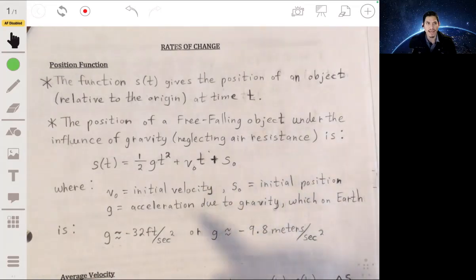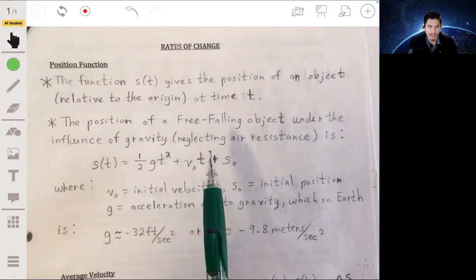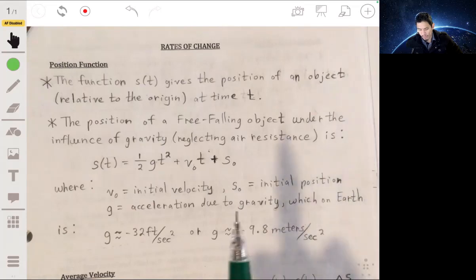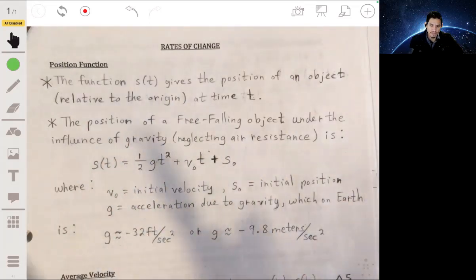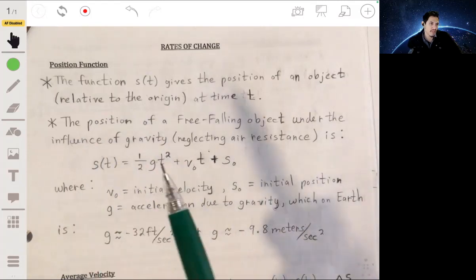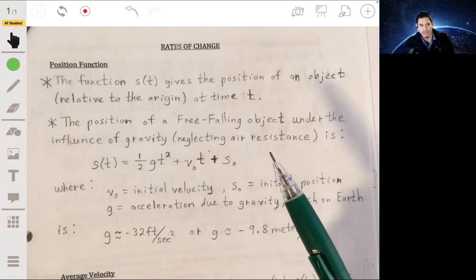It makes a parabola, and you're correct. I'm going to get more into that in the next video, but for now, let's understand that this is an equation that will give you the position of some object that falls under the influence of gravity.